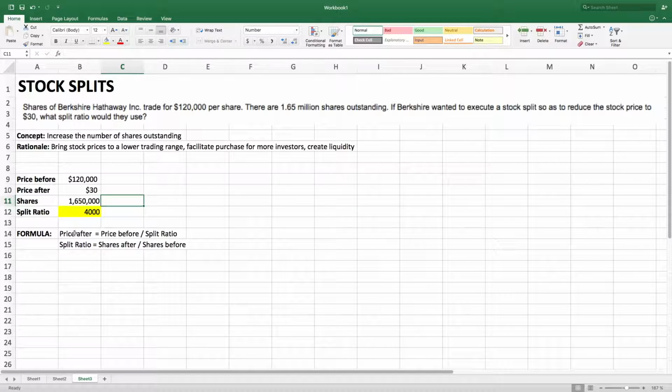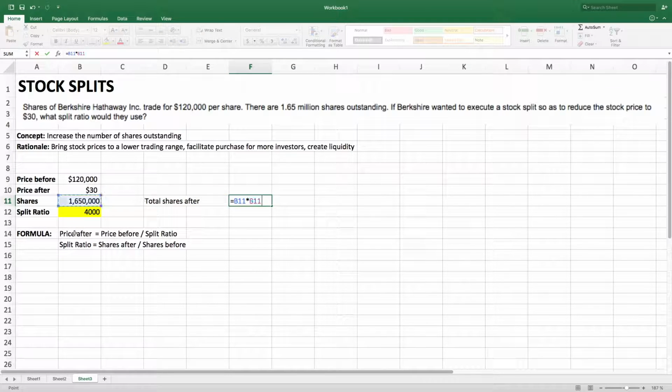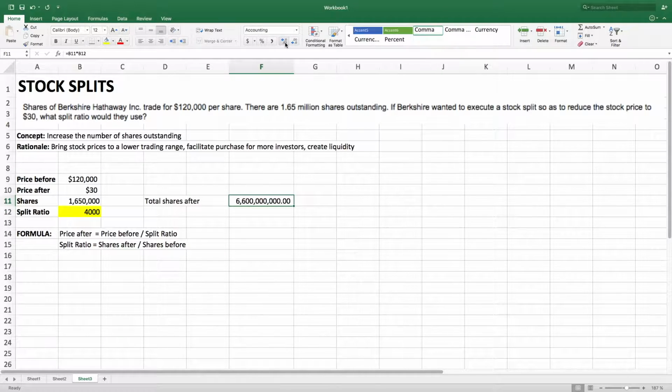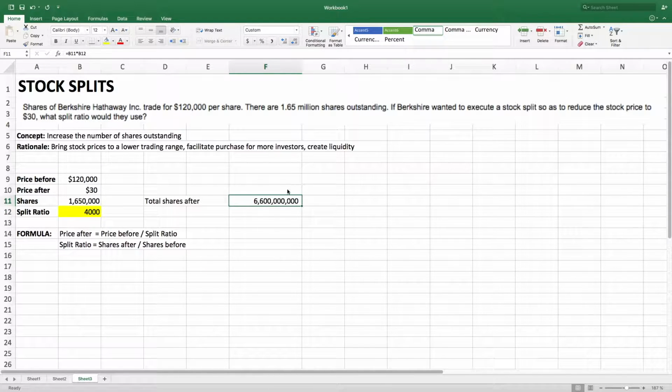So if you want to find the total shares after, you simply multiply the shares before by the split ratio. The amount of shares after is significantly more, it's 4,000 times as many shares. And with 4,000 times as many shares, the price falls by a factor of 4,000.